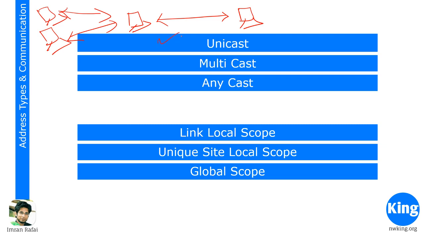Now, ideally, multicast is like a radio signal. A radio signal, say 92.1 FM station, is there everywhere. If you want to listen to that station, you tune your radio or your car stereo to that frequency, right? So similarly, if you remember from our routing video, RIP version 1 used to send RIP routing updates on a broadcast domain.